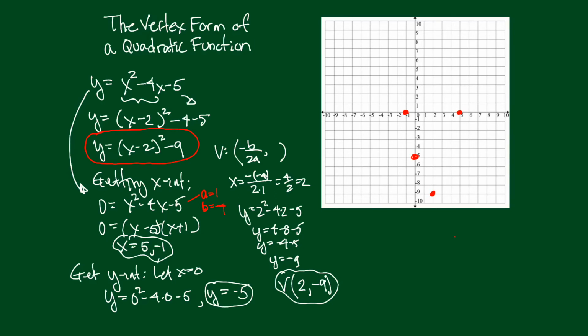Now we know that a parabola, I'll kind of trace it in here, a parabola is symmetric about a line drawn through its vertex. So I'll draw a line kind of like this, just an imaginary line right now, through the vertex, and this parabola we know is a mirror image on one side to the other. So I'm going to get another point right here. This right here on this line of symmetry, if I go 2 to the left, I get a point.